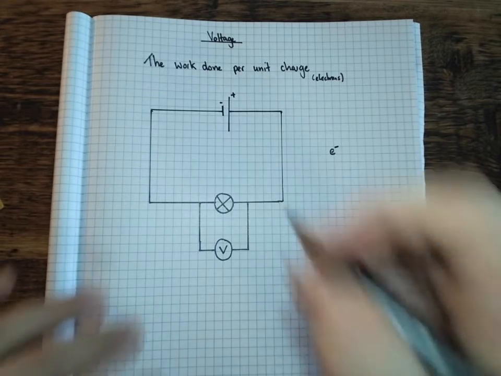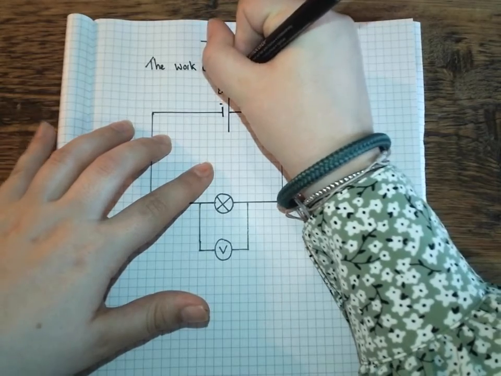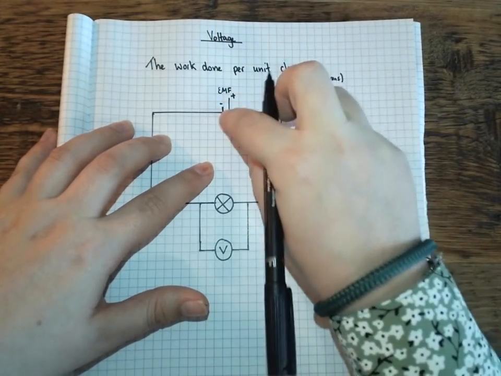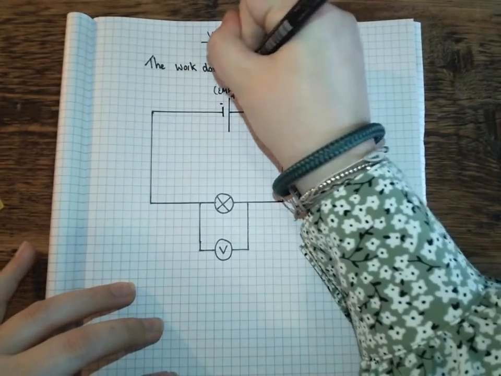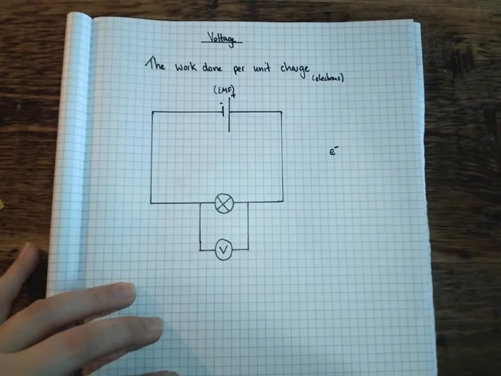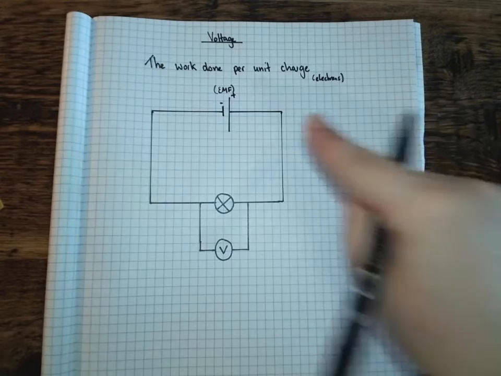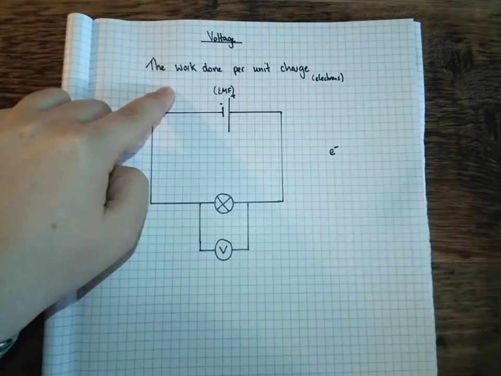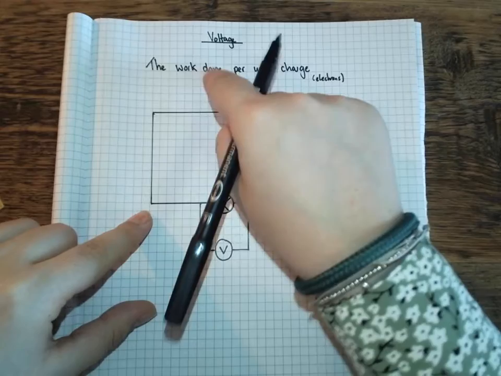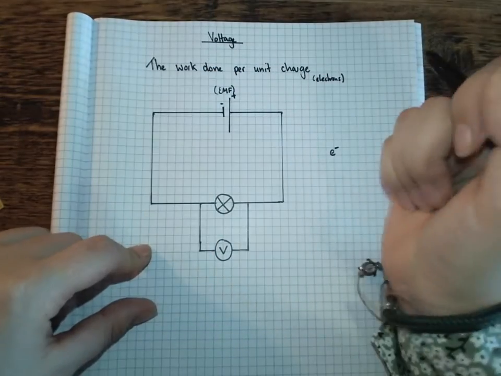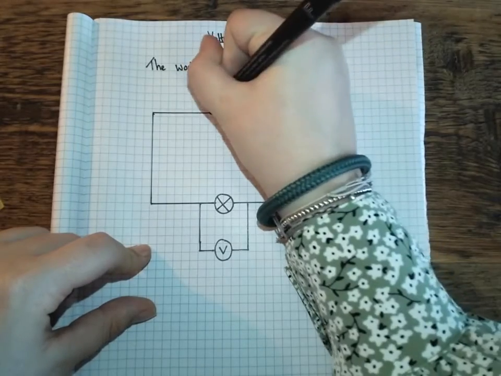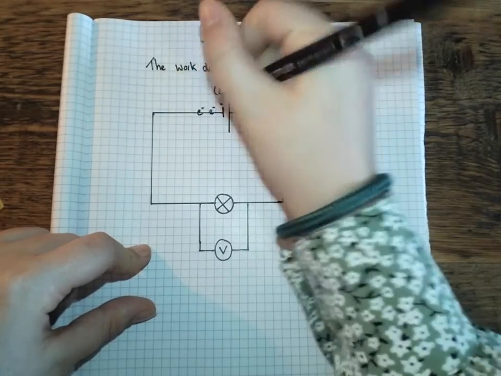So when we talk about the EMF, that's referring to what's being supplied from my cell, my battery, my power source, whatever I'm using. So the EMF is a type of voltage, the electromotive force, and what that means is the work done per unit charge. Essentially, it's how much work is being done, how much energy is being given, how much push, you can think of it as push, being given to make these electrons move around the circuit.